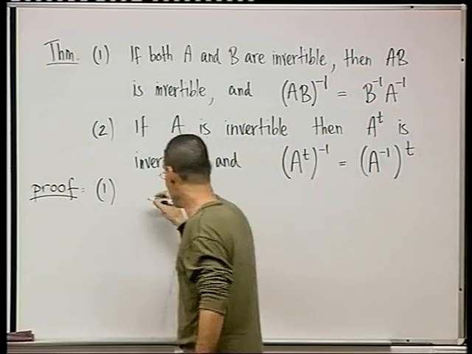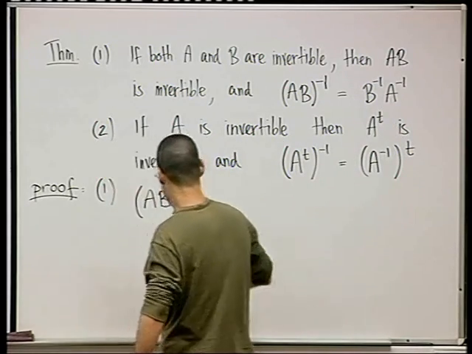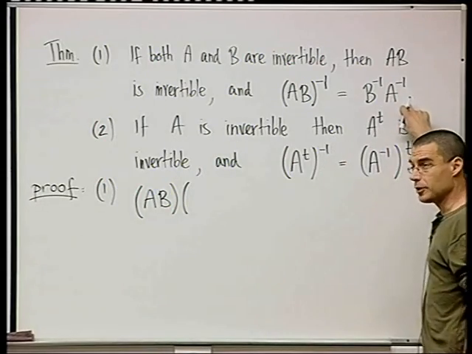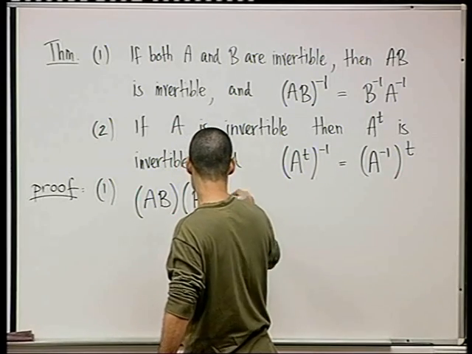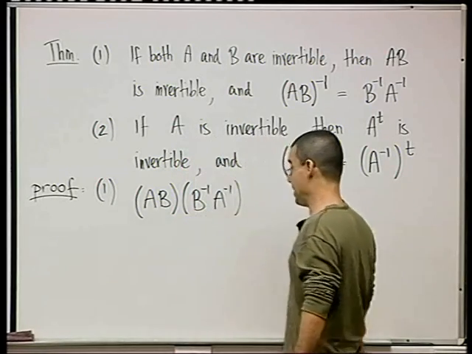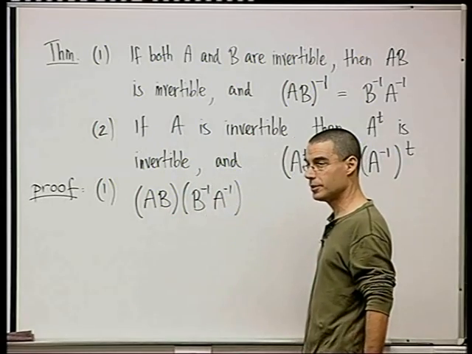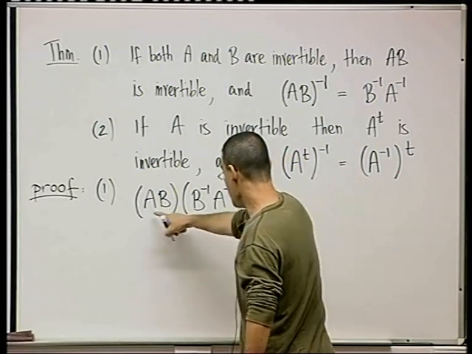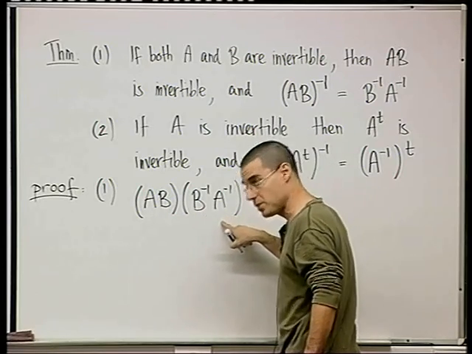Okay? So I'm taking AB and multiplying it by the candidate for being an inverse, B inverse A inverse. If I get I, I'm done. It's invertible, and this is the inverse. Good? So we know that when we multiply matrices, we don't have commutativity, but we have associativity.